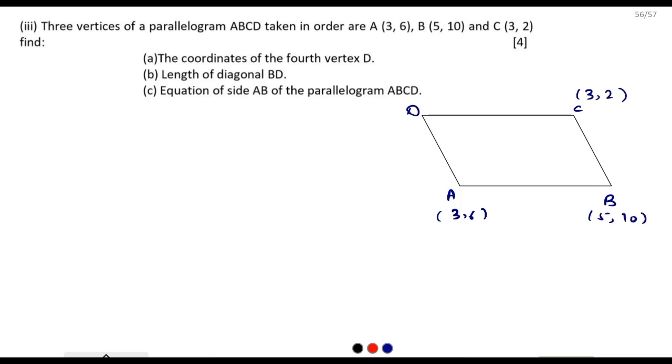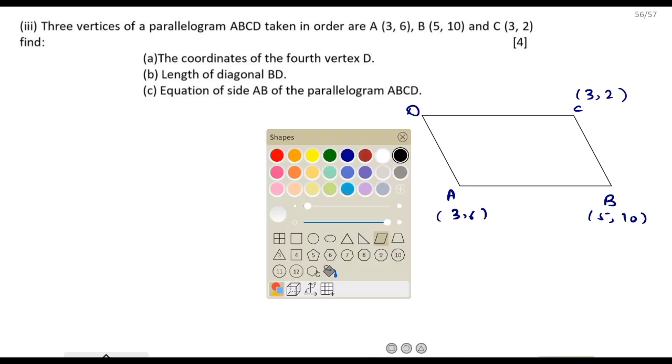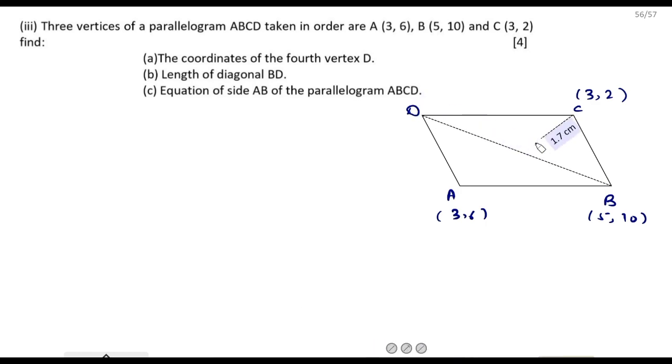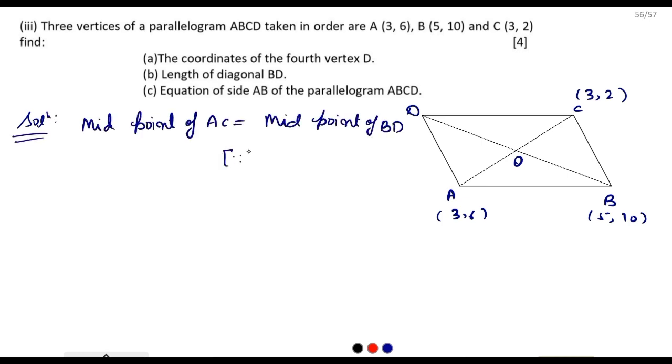Find the coordinates of the fourth vertex D. If O is the point of intersection of both the diagonals, then diagonals of a parallelogram bisect each other. It means O is the midpoint of AC as well as BD, because diagonals of a parallelogram bisect each other.